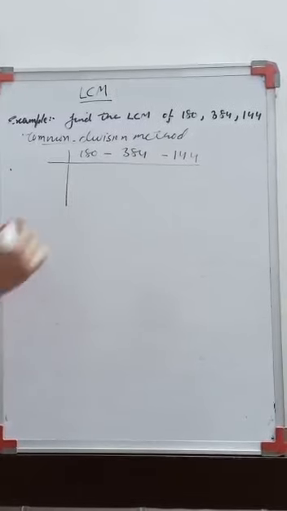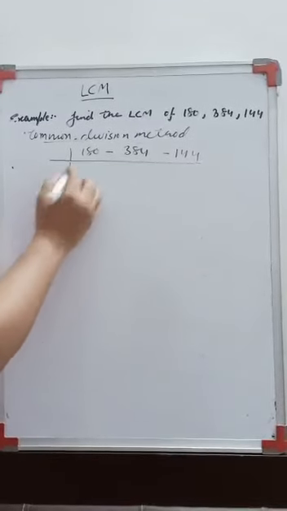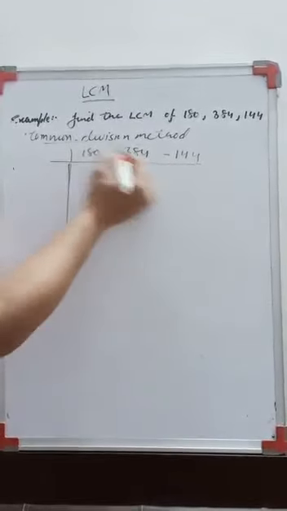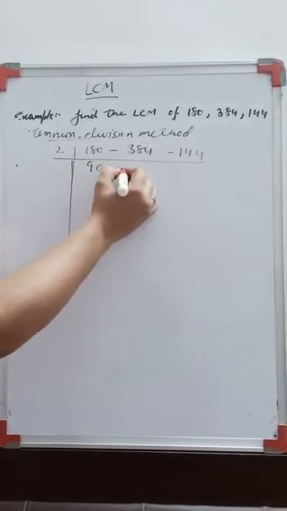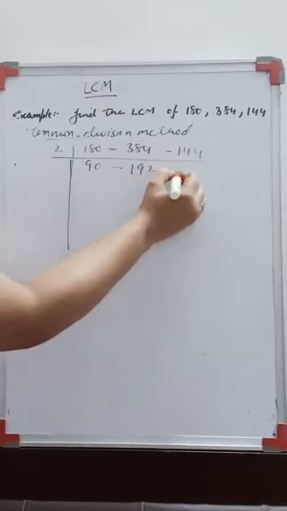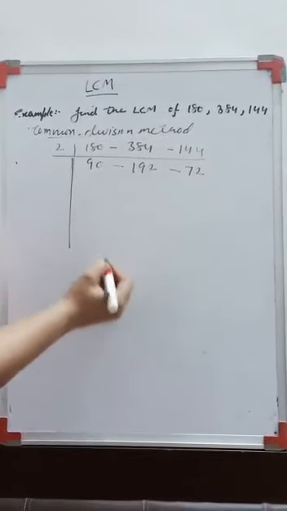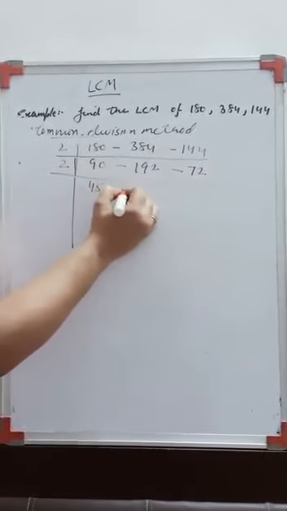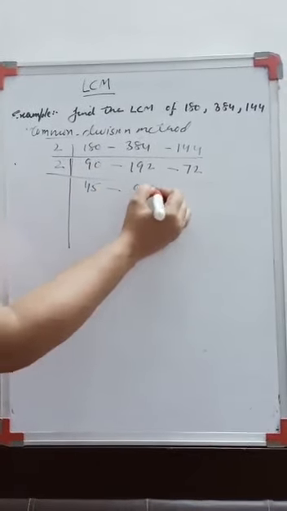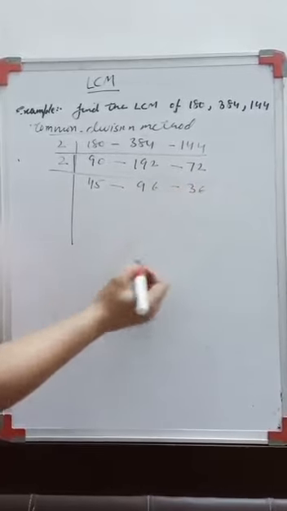Now how will we start? We will take the common factor of all. See, 2 is the common factor of all, so it will become 90, then 192 and this will be 72. Again 2 is the common factor, 45, then 96 and then 36.